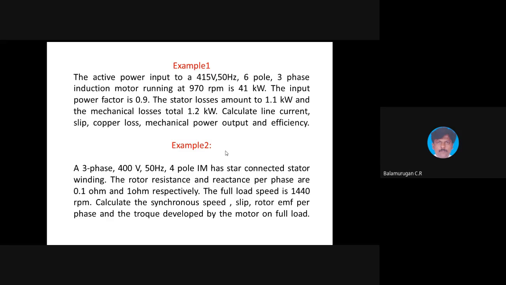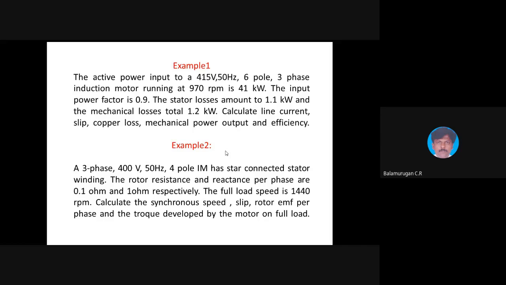What is the value you substitute here? Either you substitute 0.03 or 3%. You have to substitute 0.03 only. So here you have to substitute as a fractional slip only. You should not substitute 3 here. So you have to substitute 0.03. So 1.197 kilowatt. So here the value for PC is 1.197 kilowatt. Are you clear up to this?